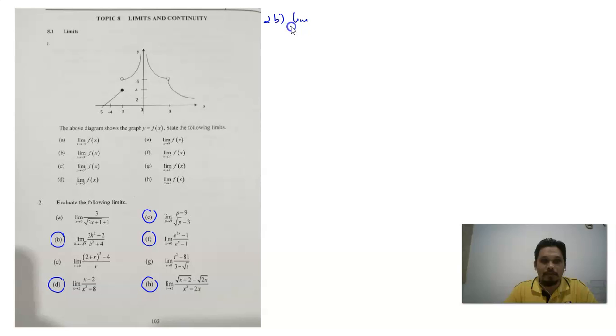The limit of h approaching negative square root of 2 for the function (3h squared minus 2) divided by (h squared plus 4).